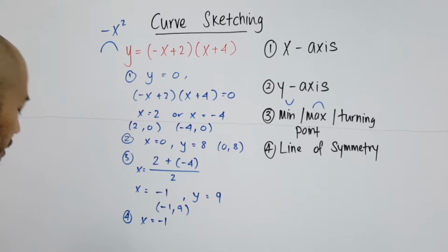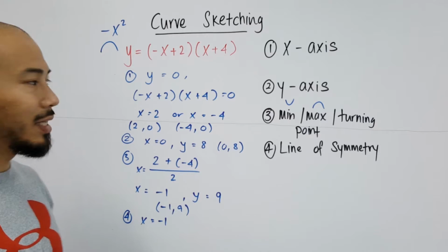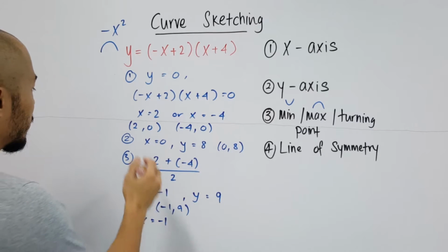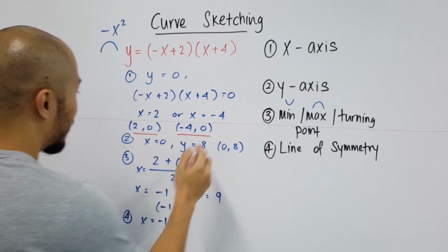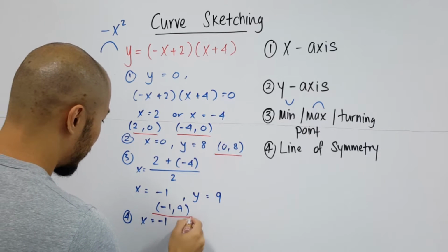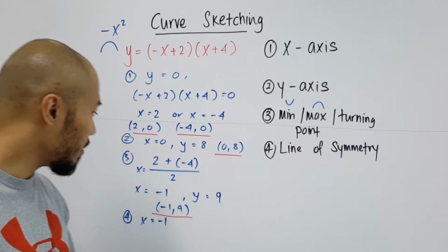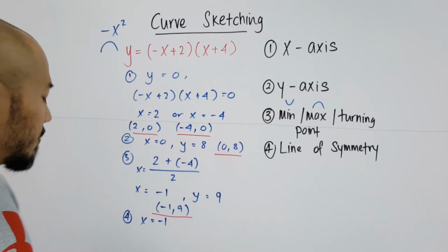So these are the 4 steps in doing your curve sketching. What I will do is I'll underline all this. These are the coordinates I need to mark out, 1, 2, 3, and this is number 4. I got 4 points to mark, and I will take note of these 4 points in my curve sketching.